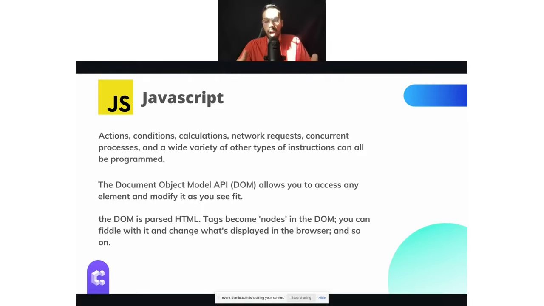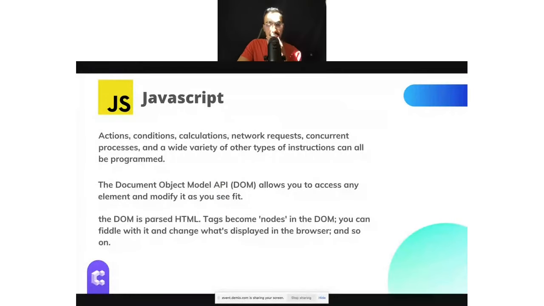It's the document object model representation of the same markup. So we have something called the DOM, or document object model API. This allows us to access any element in our markup and modify it as you see fit. The DOM is basically just parsed HTML.